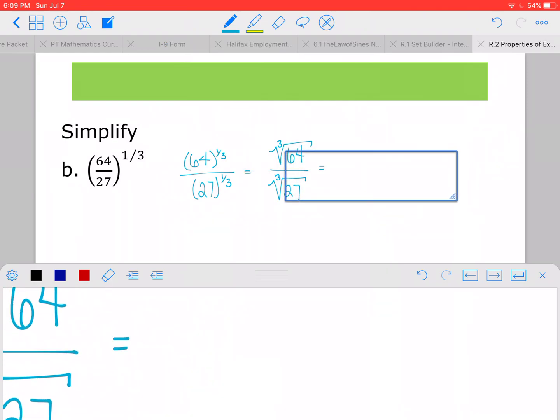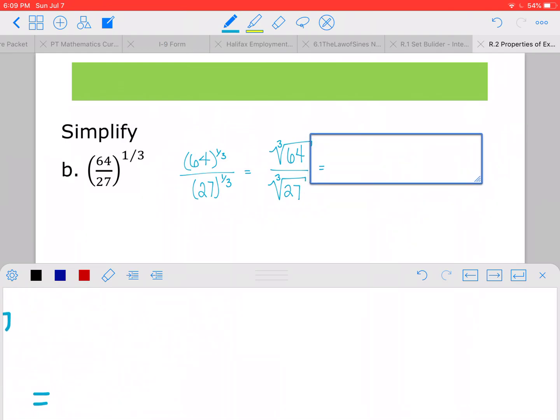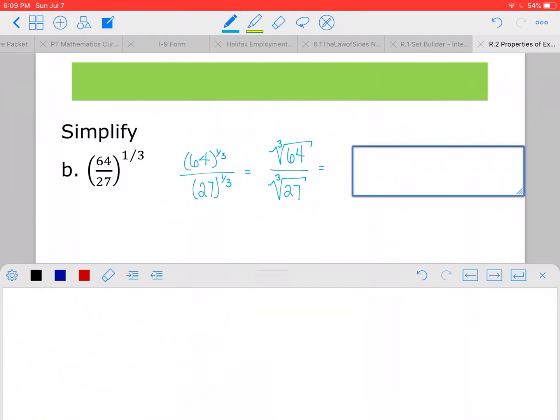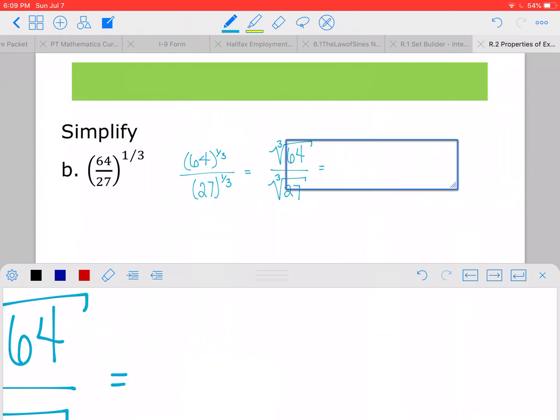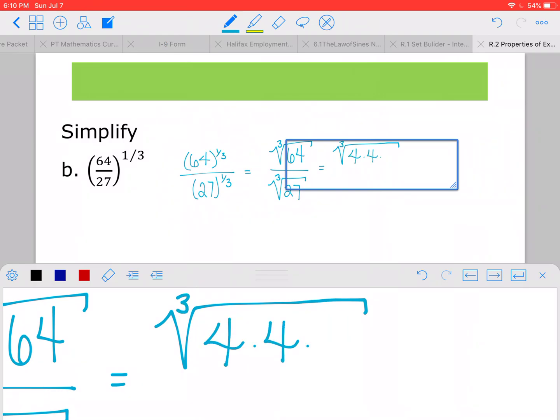So 64. Let's see. If we go over to the side and take 64 and expand it out, it's actually 4 times 4 times 4. And we could go further with 2's, but we don't need to bother.